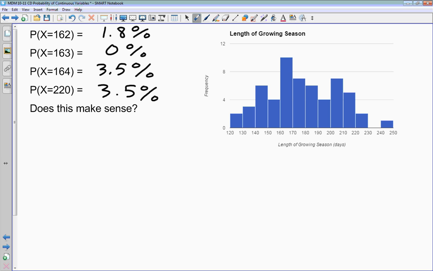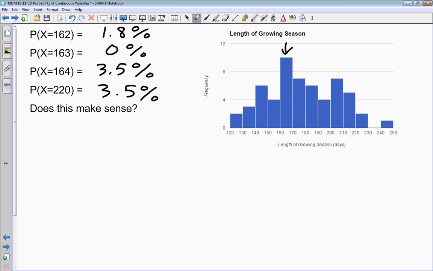When we look at this histogram, we see that the peak of our distribution is between 160 and 170 days. So we would think this is the most likely length for a growing season. This is where numbers are most likely to fall. So it's more likely that we get a growing season between 160 and 170 days, whereas 120 days or 220 days doesn't look all that likely. The frequency is much lower, so the probability is going to be much, much lower.